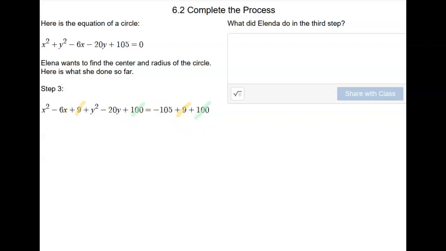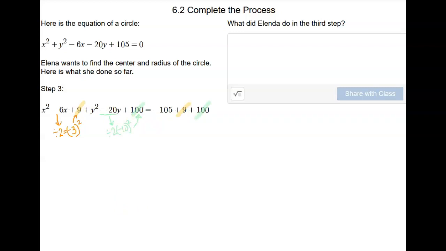In order to get this 9 here, she took that -6, divided it by 2, which is -3, and then squared the -3, and that's how she got the 9. Same thing with this. She took the -20, divided it by 2, which is -10, squared that, and she got 100.